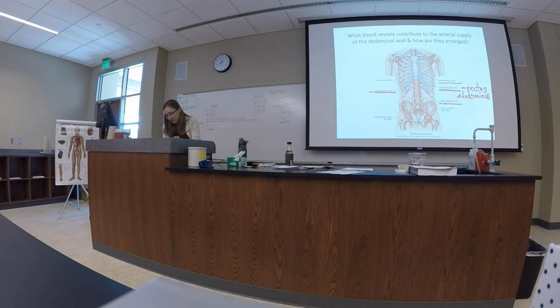We also have the deep circumflex iliac artery, which helps supply some of the lower lateral portions of the abdominal wall. There are some others, but I want you just to know these ones that I have pointed out.